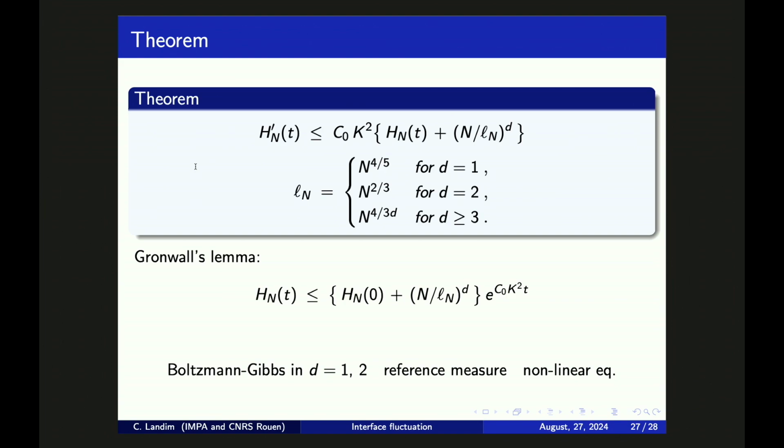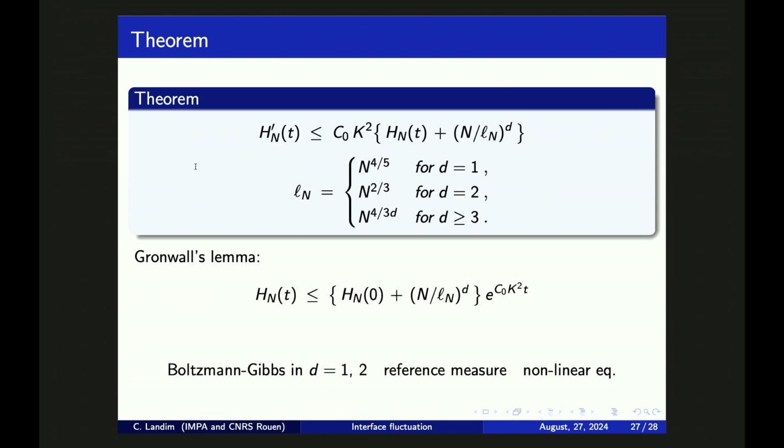So this is one problem for which I expect novelties in the next few years, and this is why I'm mentioning it here. Also, if you are able to take k of larger order, you might be able to prove a Boltzmann-Gibbs principle of higher order, and that will give you nonlinear equations.